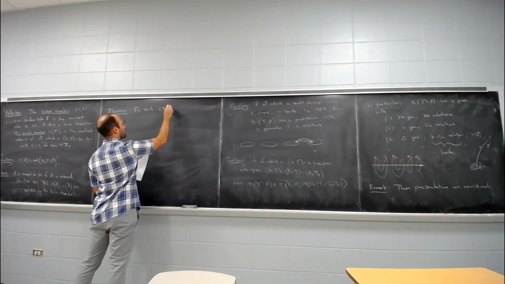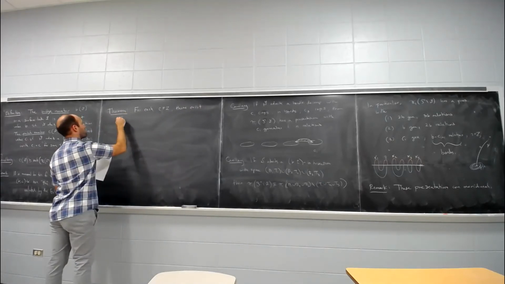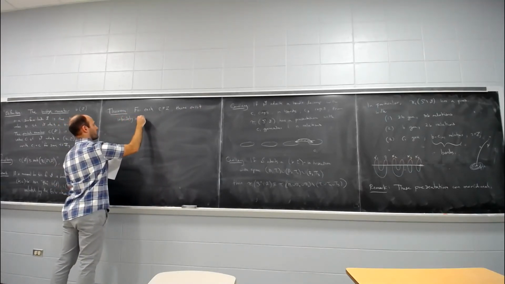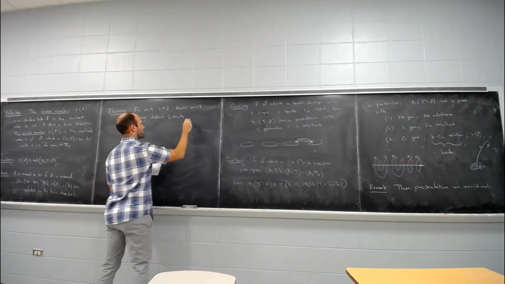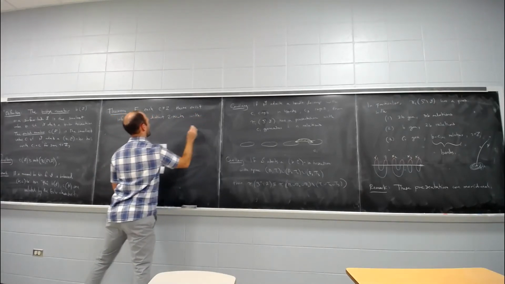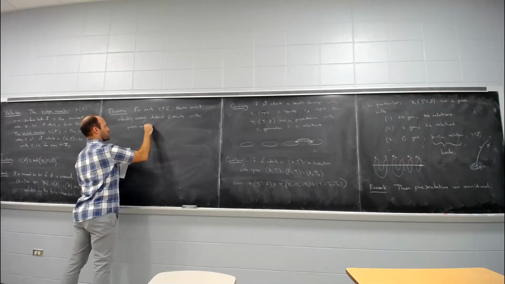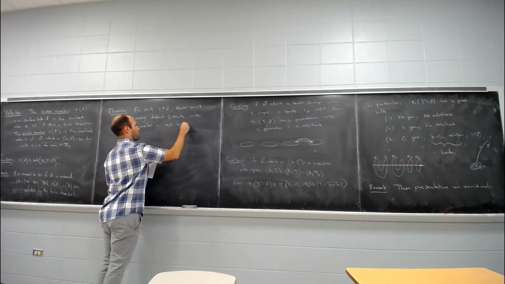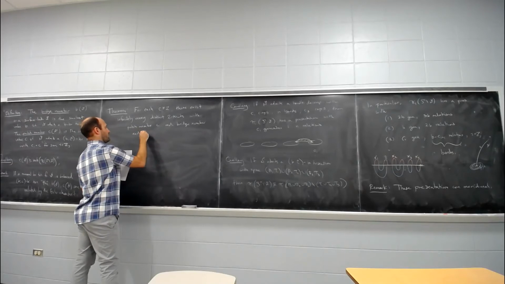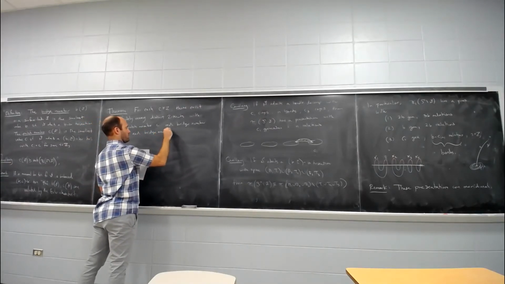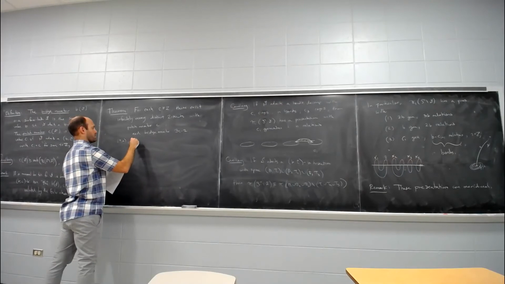For each C greater than or equal to 2, there exist infinitely many distinct 2-knots with patch number C and bridge number 3C minus 2. So for example, these are (4, 2), (7, 3).